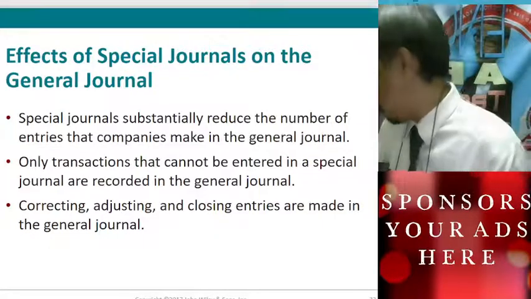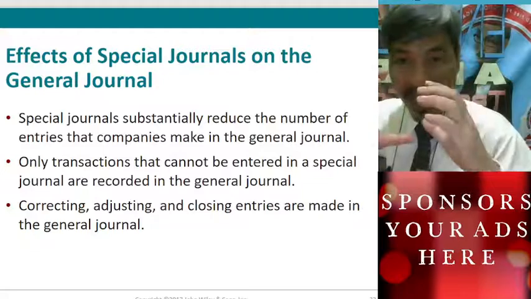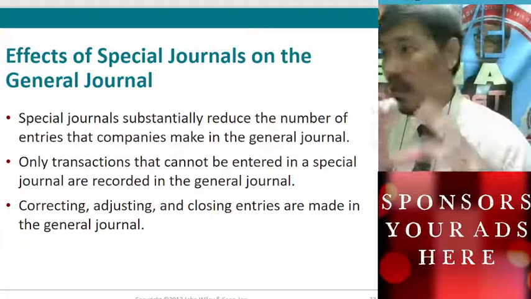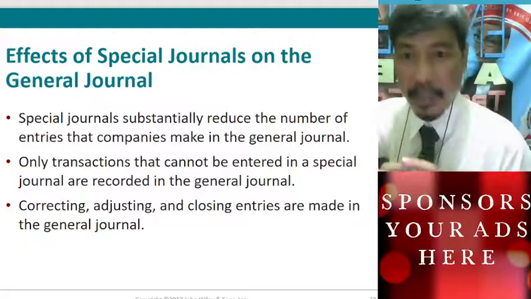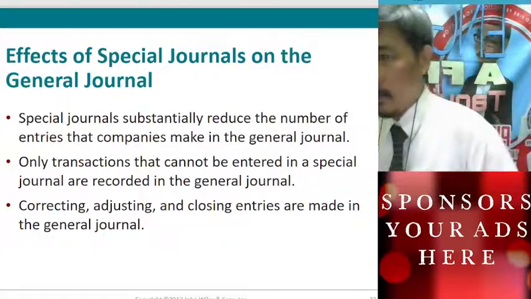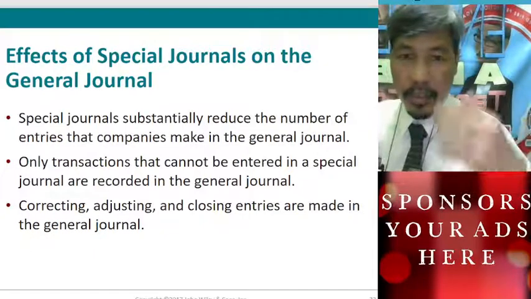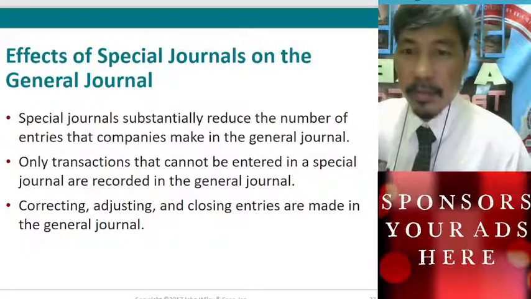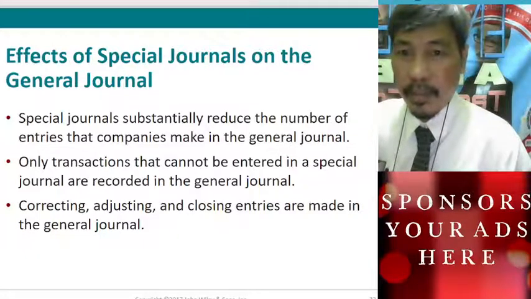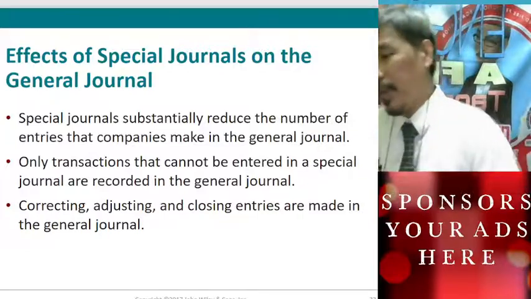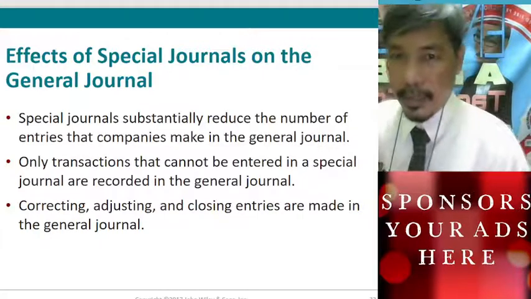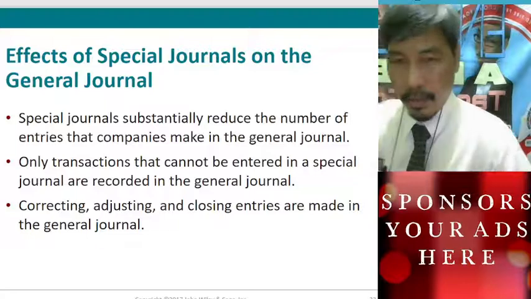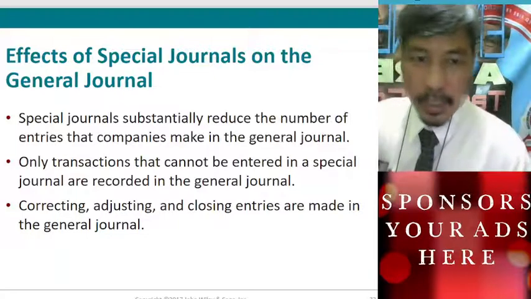So when you are talking about cash, accounts receivable, accounts payable, purchases, in the general journal and the general ledger, you would need too much detail. If you are a company with only 5 clients and 1 creditor, no need to have special journals.